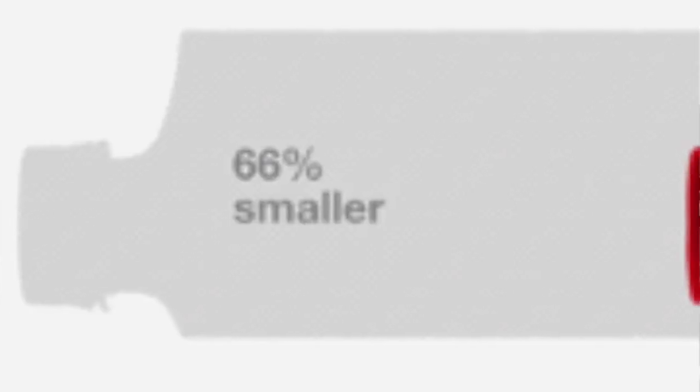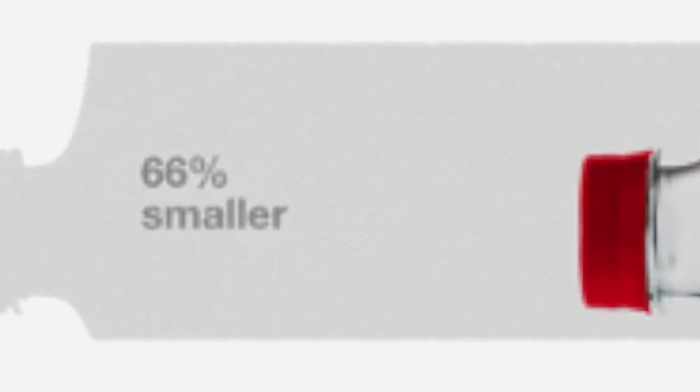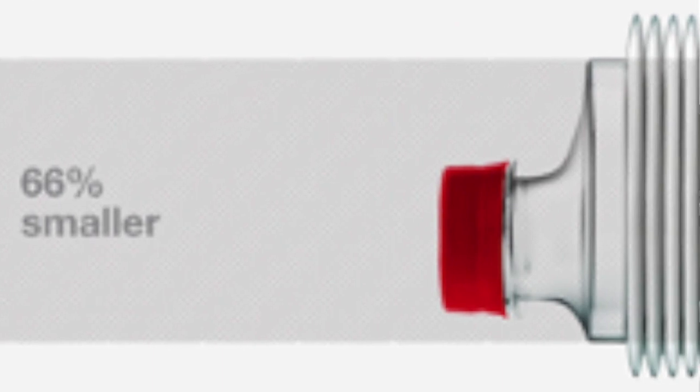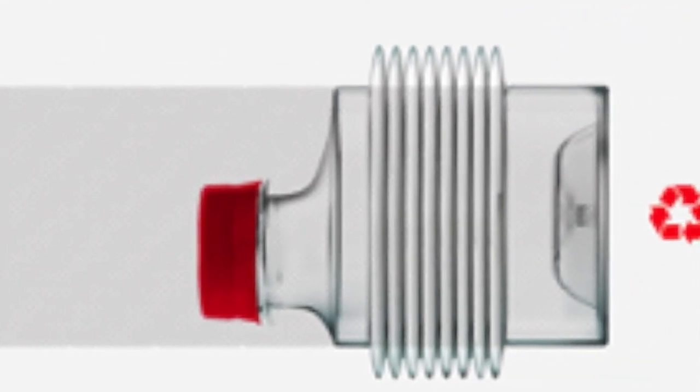The structure is collapsible, which makes it 66% smaller when it is compressed. What good does it bring? Usually at the end of life, when you compress a product, it leaves a smaller footprint. So when you dispose of this kind of bottle into the landfill, it doesn't take up too much space compared to the normal bottle without any treading around it.